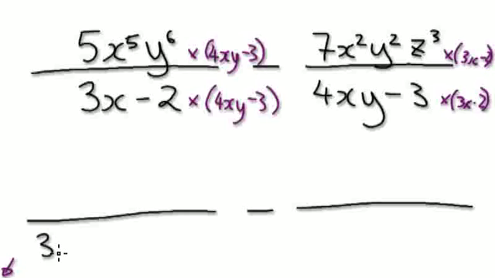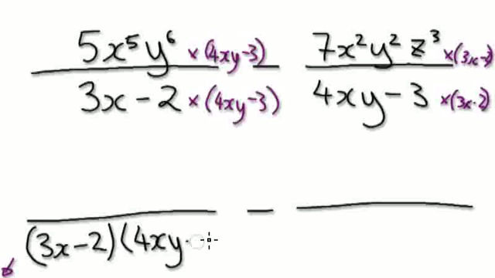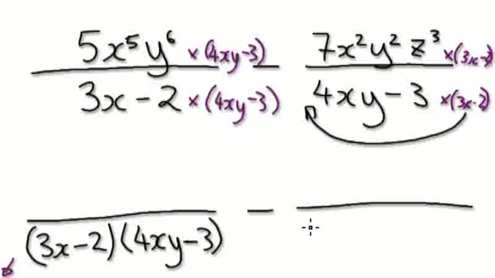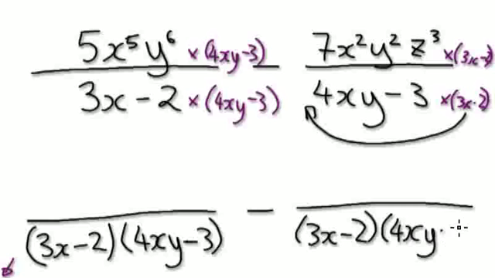Let's do the bottom part first. 3x minus 2. This will be 4xy minus 3. Sorry, I'm going to switch these two around. I'm going to put this one in front. So it will be 3x minus 2, and then bracket 4xy minus 3.